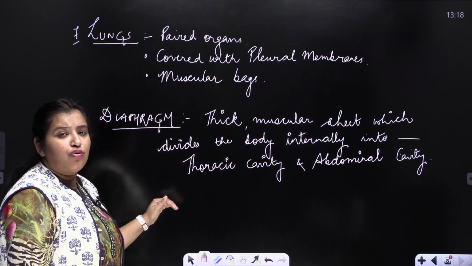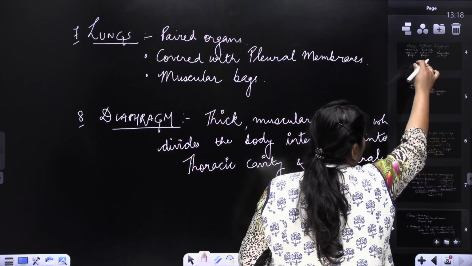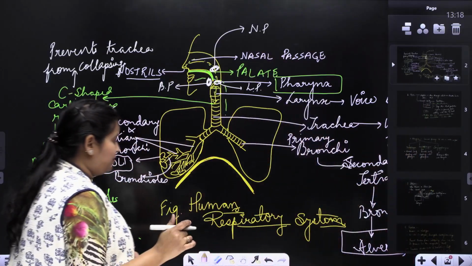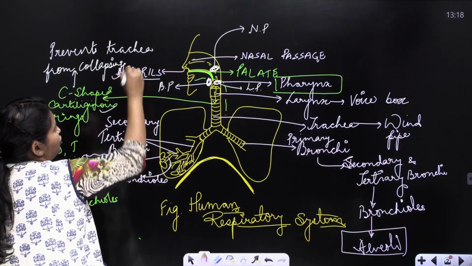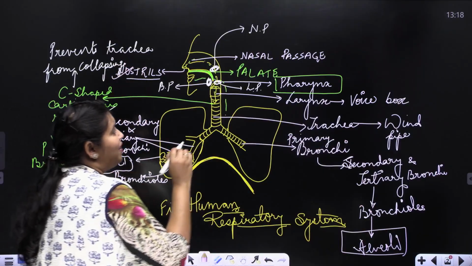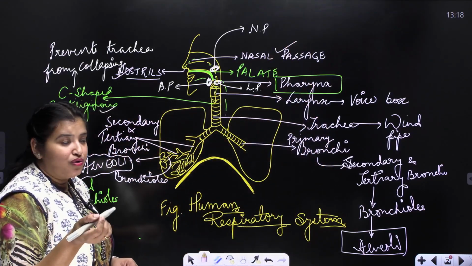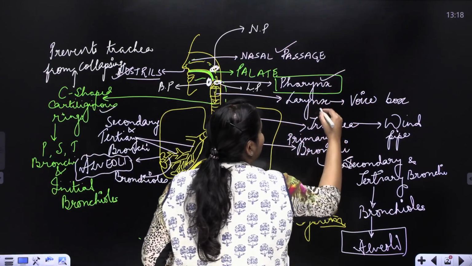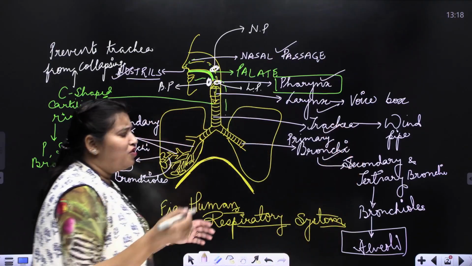You need to go through this, and quickly I'll just show you the diagram and we'll see that we've covered all the parts in the picture here. So we talked about the nostrils, all right, and the nasal passage or the nasal cavity which collectively form the nose. That leads into the next part, which was pharynx, then larynx, then trachea, then primary bronchi, secondary, tertiary bronchi, bronchioles.